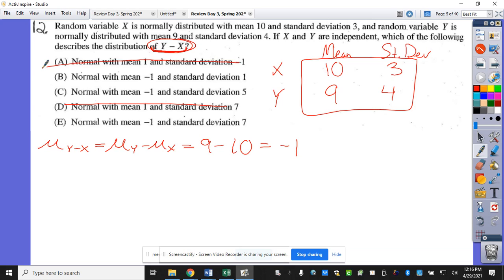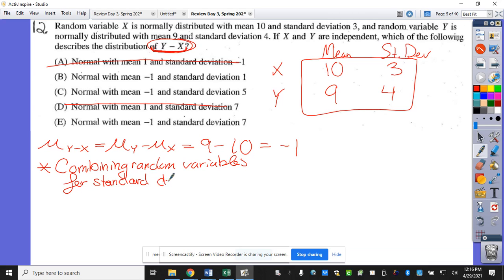Now, here is where the issue would be, and this is something that you didn't study before you did this or look up or anything. So when you are combining random variables, to find standard deviation, there are 2 rules that we have to follow.